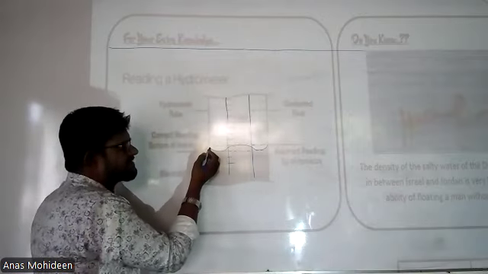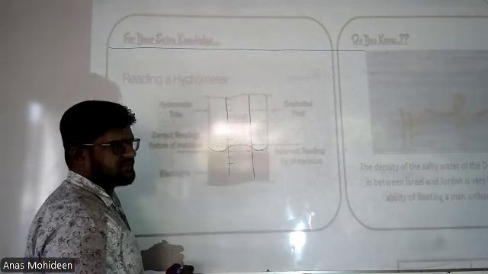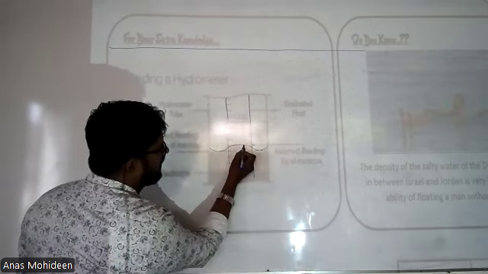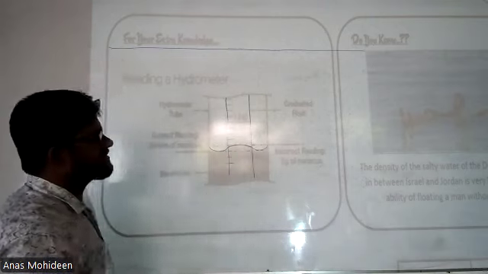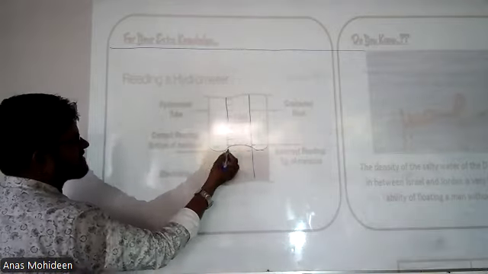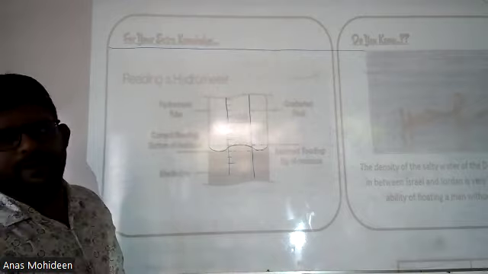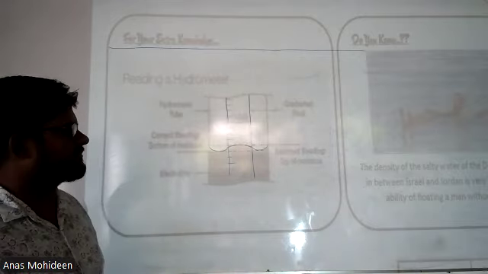This layer we term as the downward meniscus, and this layer is called the upward meniscus. So this is the downward meniscus, this is the upward meniscus. So for all the liquids, we measure from where?